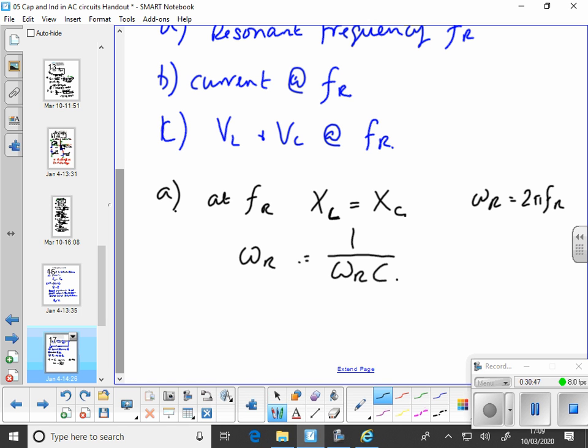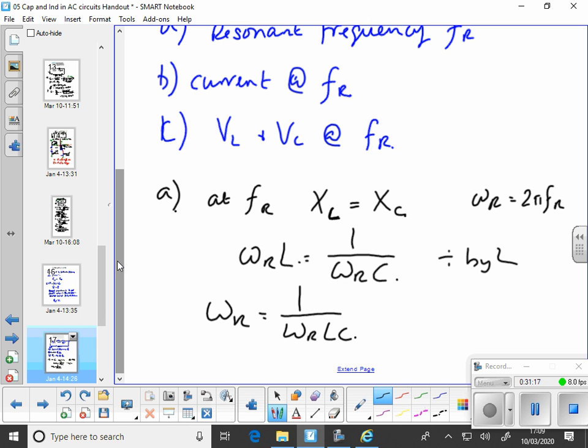So if we can find omega resonant, we can find f resonant. Do you agree with that? All of that omega makes the maths easier. So how can I get that L down there? So we get omega r equals 1 over omega r LC.